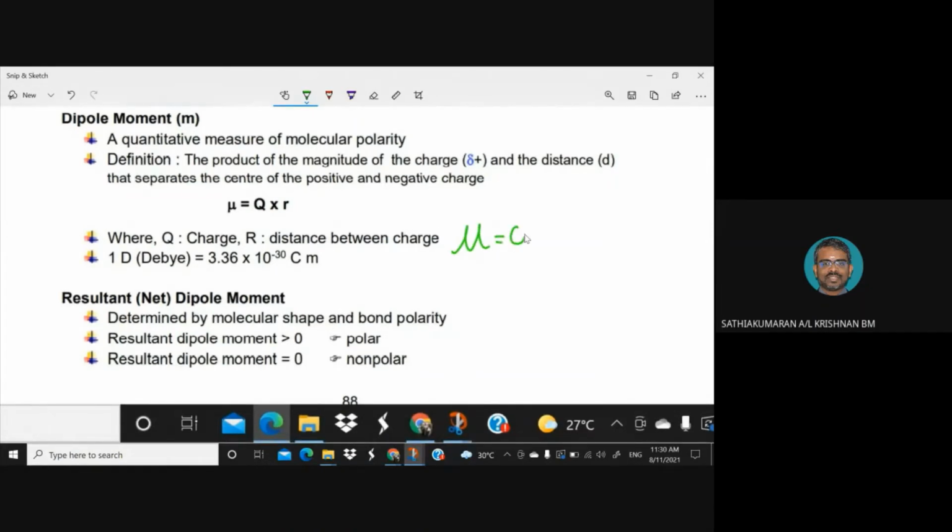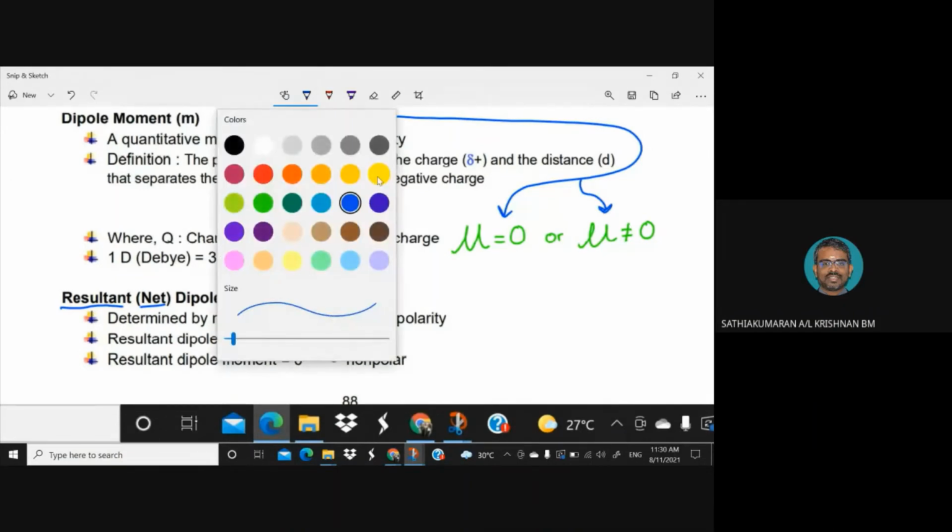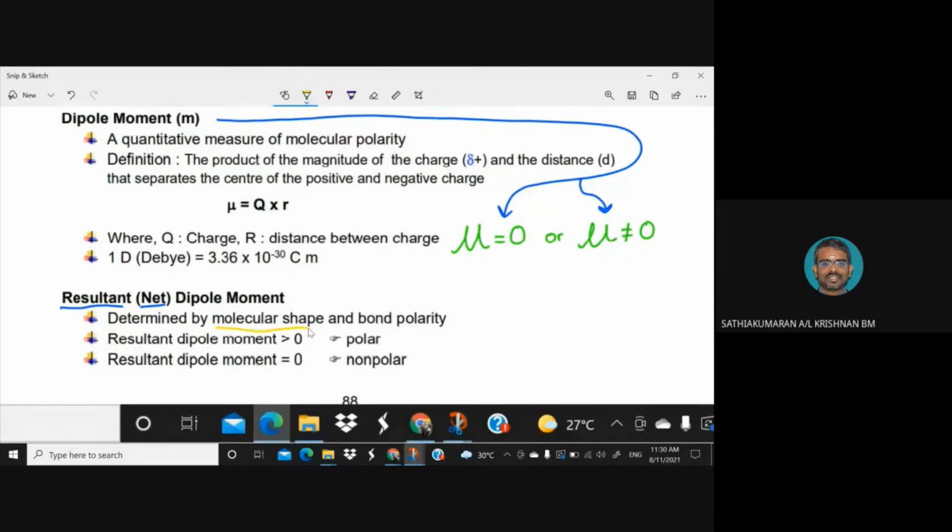Mu equal to 0 or mu not equal to 0. These are the two values for dipole moment. So now, what is the resultant or net overall dipole moment? We call it the resultant. Resultant means the overall, net dipole moment. How can you get the answer? It is determined by molecular shape and bond polarity.